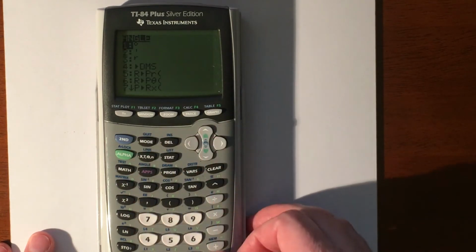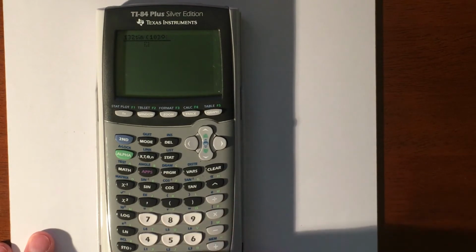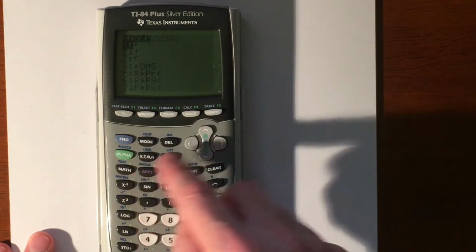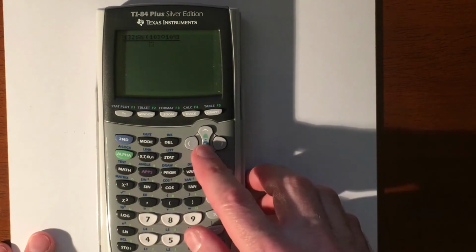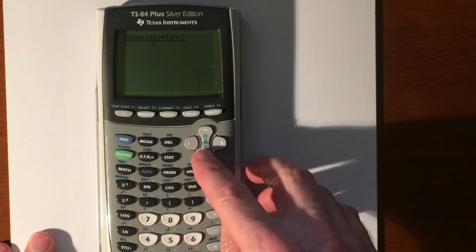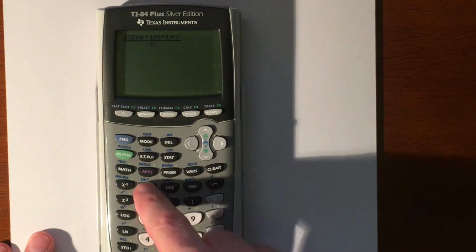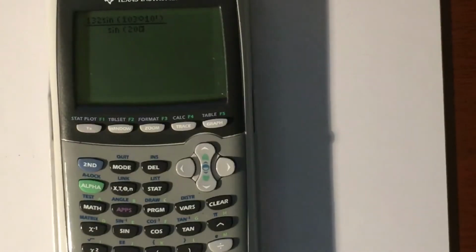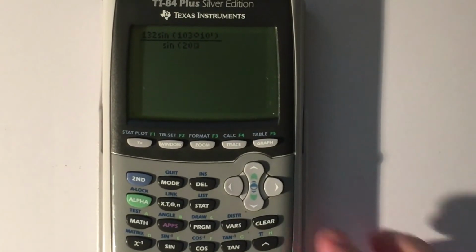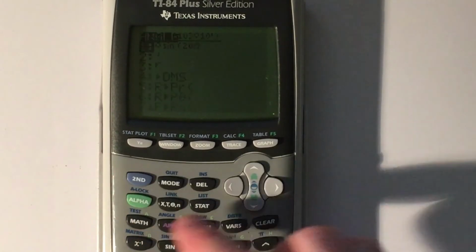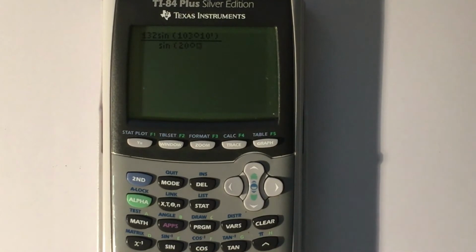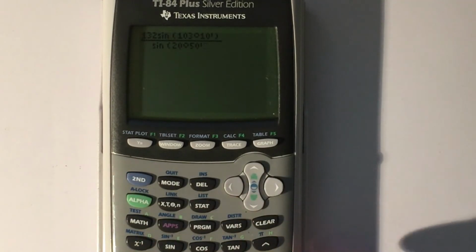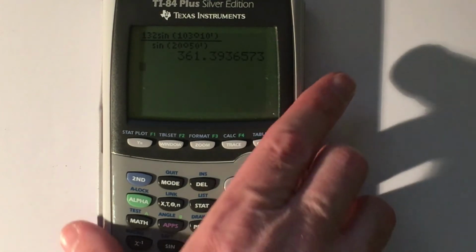So it's 103 degrees, 10 minutes. And then we'll close that parenthesis, and then that's going to be divided by sine of 20 degrees, 50 minutes. And then that'll get us our answer.